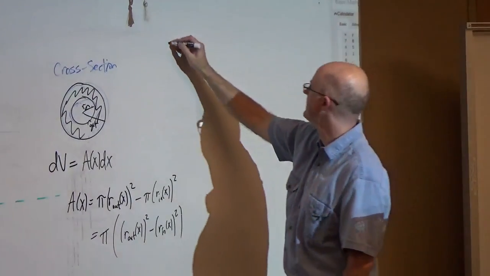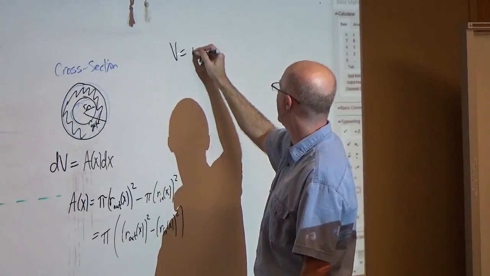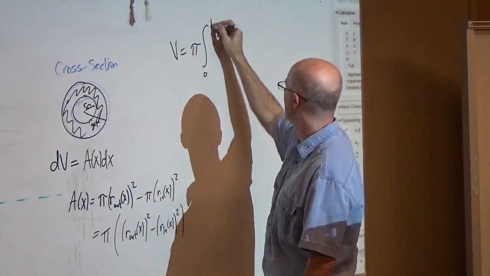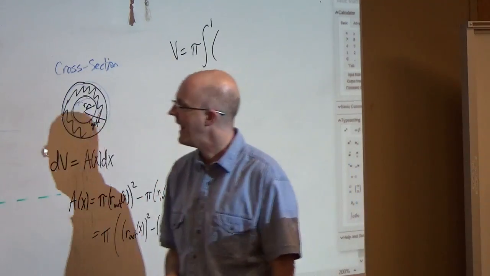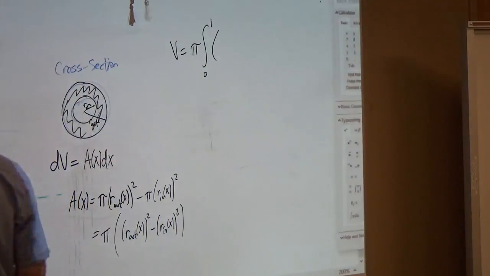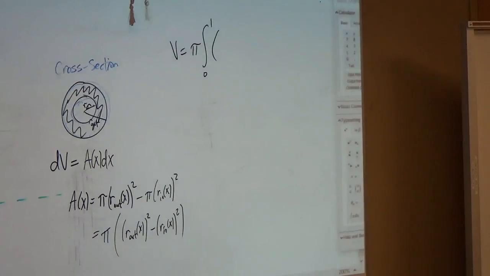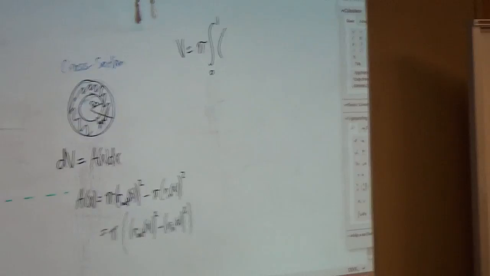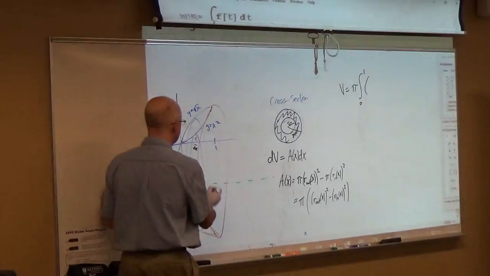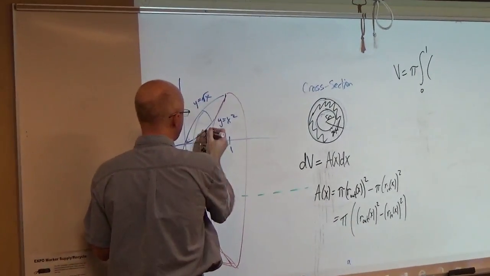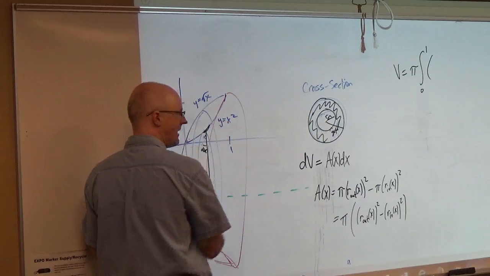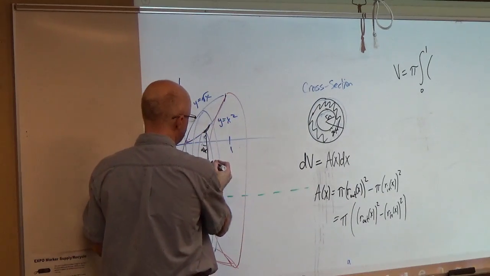So the volume of the solid is going to be pi times the integral from 0 to 1. How do you find the inner and outer radius? You got to look at the picture and think carefully here. The axis of rotation is y equals -2 down here. The distance between that line, the vertical distance, and the lower graph is r in.